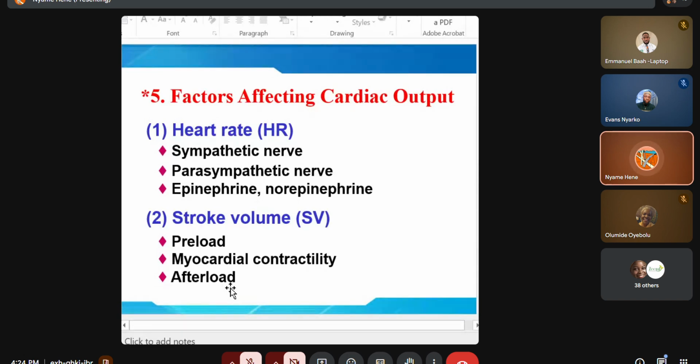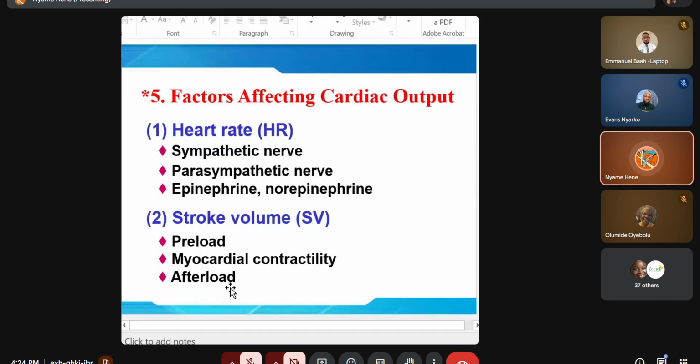If the leftover is something small, let's say after contracting very well, a teaspoon was left in the bottle. And now the filling that came when the heart was relaxed put it at only half of the bottle.